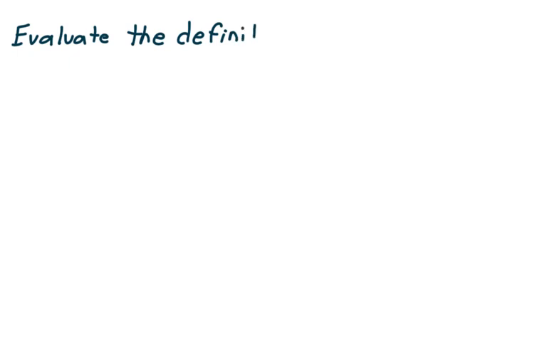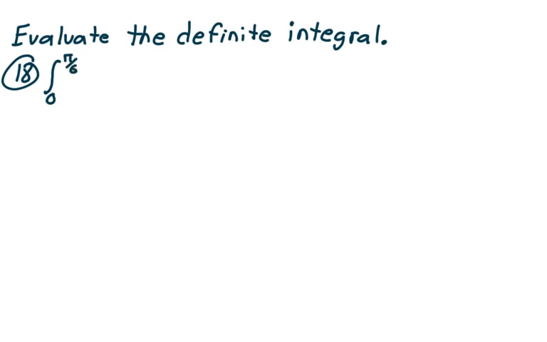And remember what I was saying, what changes? So we'll take a look at 18, and we're going to evaluate the following. Suppose we have the integral from 0 to pi over 6 of sine t divided by cosine squared t dt.